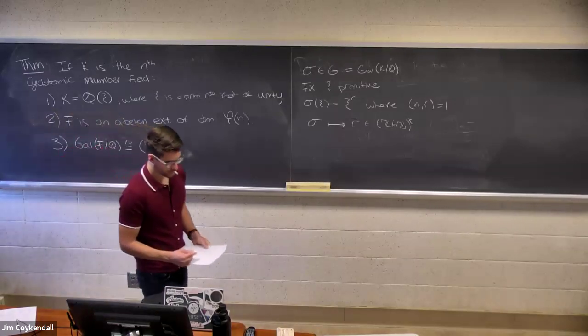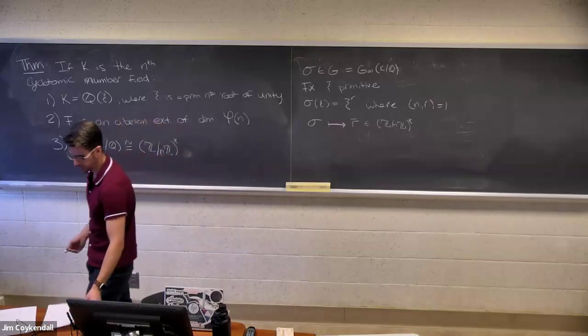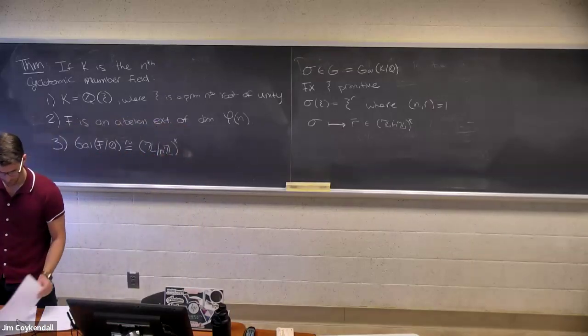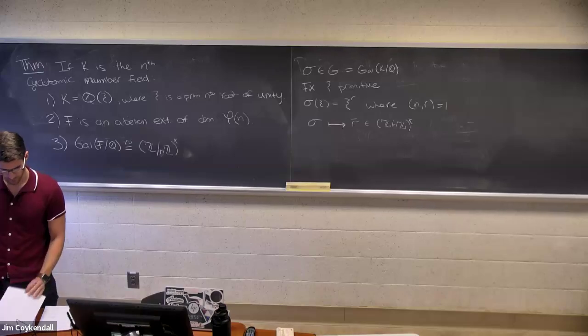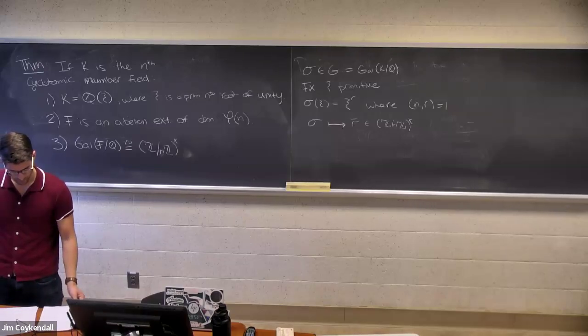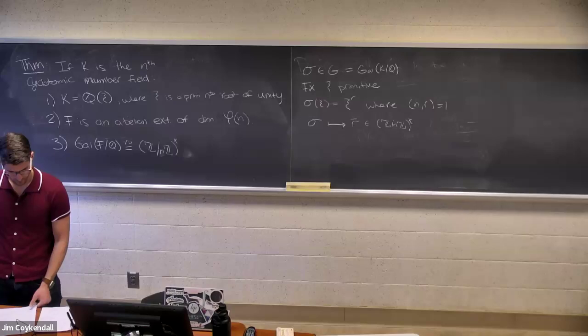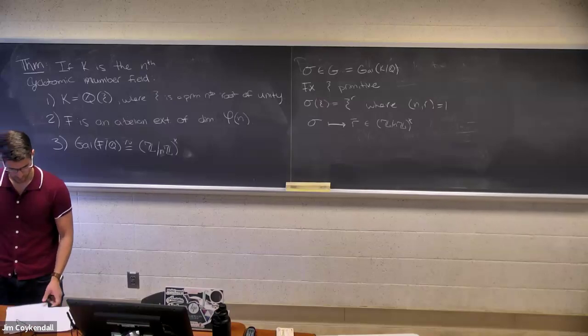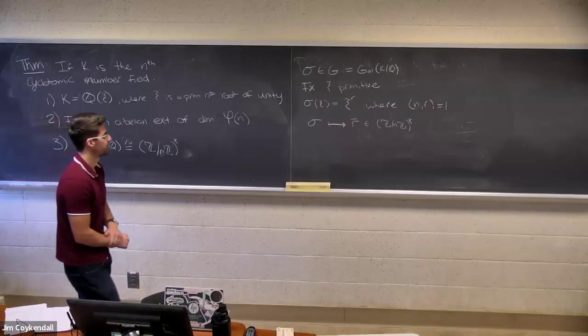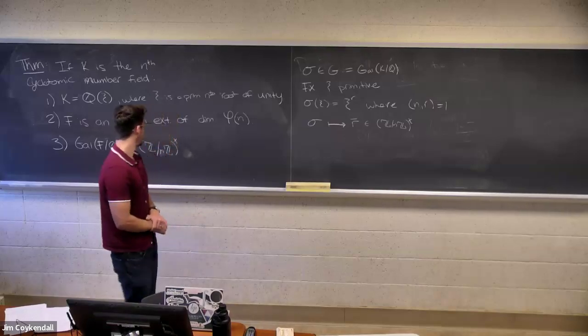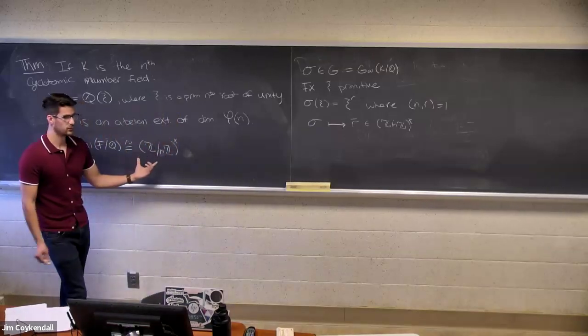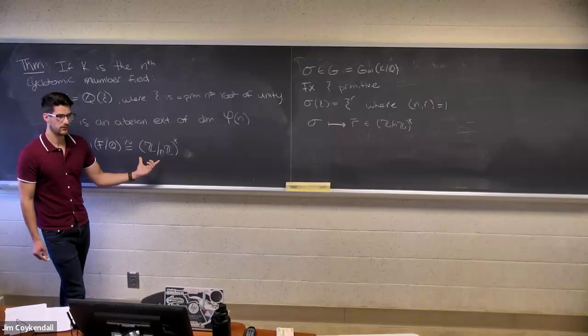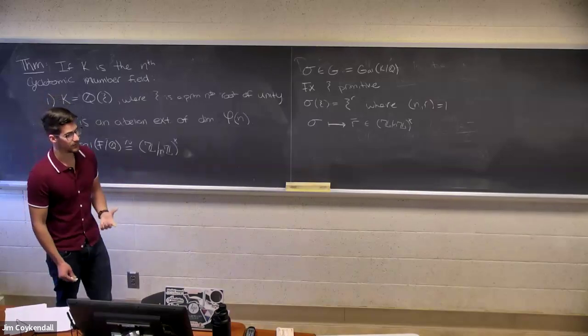Right, so in particular, what's going to happen if p is prime? Well, if p is prime, this is going to be cyclic of order p minus 1, right? So we're not going to have any intermediate field extension, right?